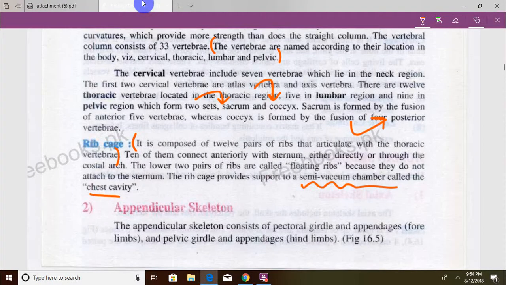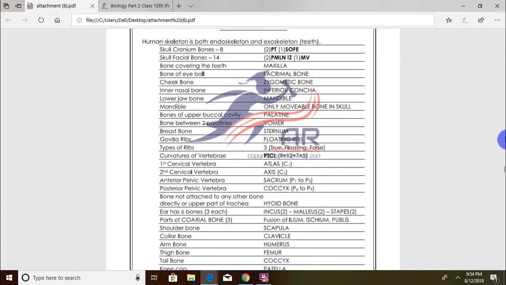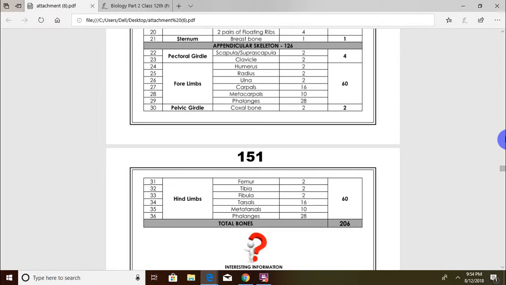Now if we talk about the second part of the skeleton, which is the appendicular skeleton, it consists of the appendages. So the appendicular skeleton consists of the pelvic girdle, the pectoral girdle, the hind limb, and the forelimb, so to speak.